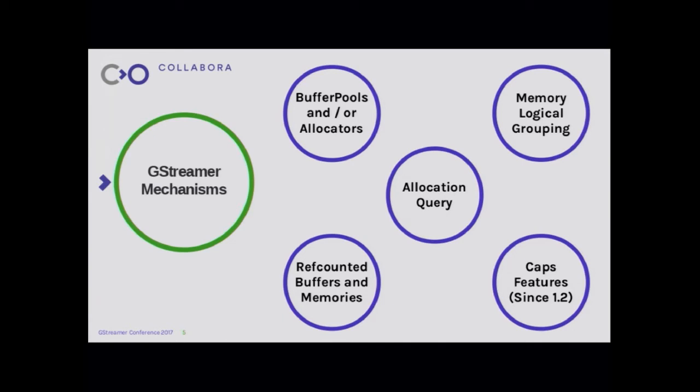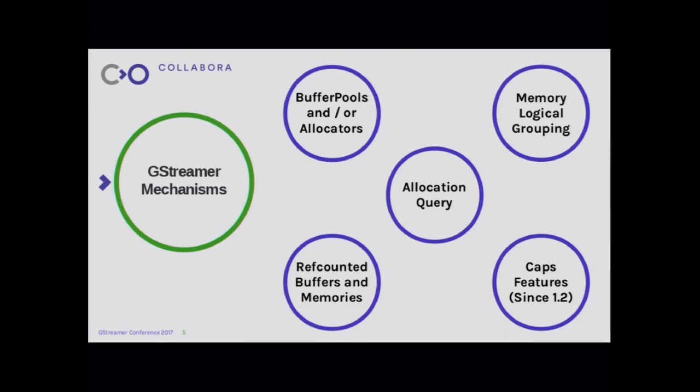Instead of allocating a big buffer and copying your payload and your headers, you can create a small memory for the header, and in the GstBuffer you put that memory together with the payload, and it's virtually combined into one GstBuffer. You keep the array of memory pointers, but you don't copy into it. That's a very important mechanism.